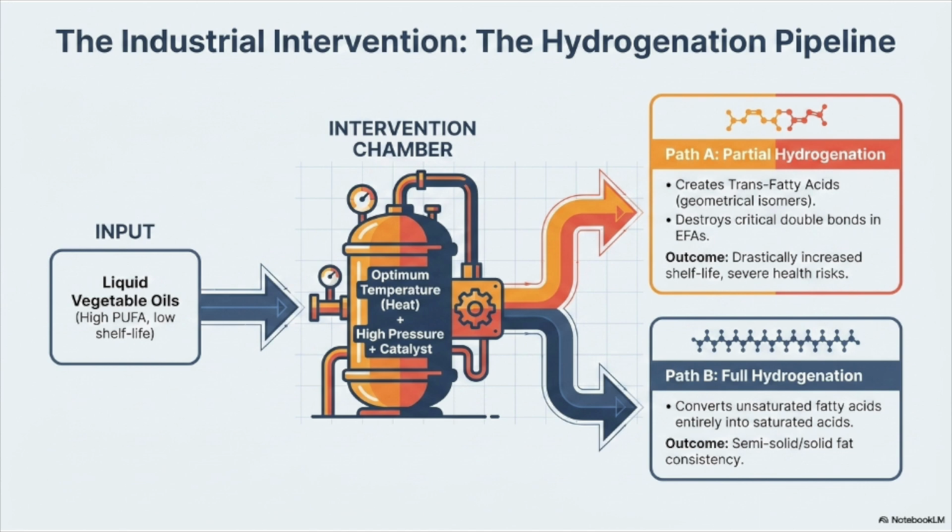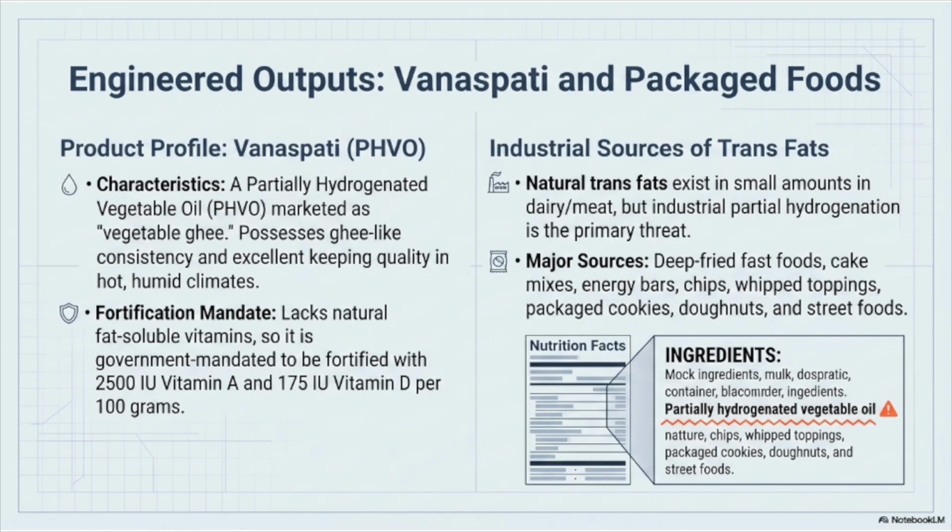Path B is full hydrogenation, which converts unsaturated fatty acids entirely into saturated acids, resulting in a semi solid or solid fat consistency. This industrial process gives us engineered outputs like Vanaspati and various packaged foods.